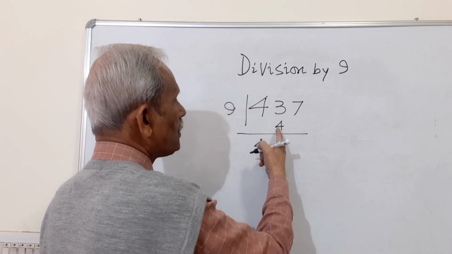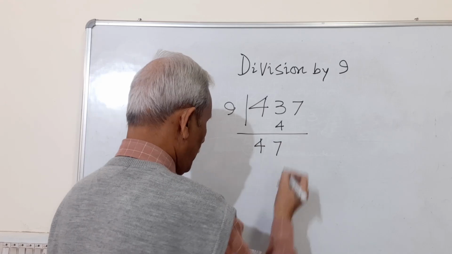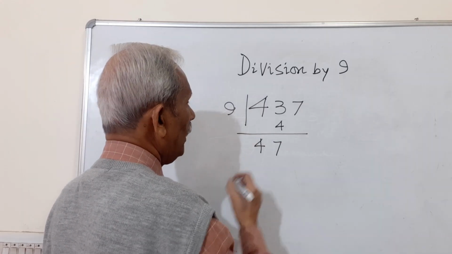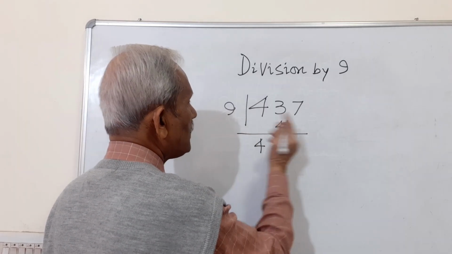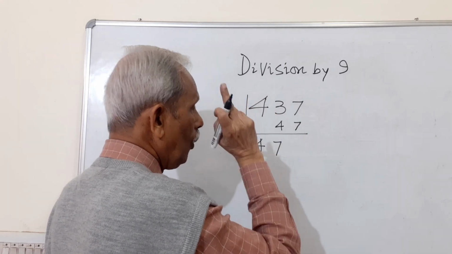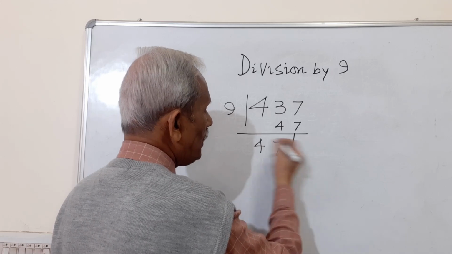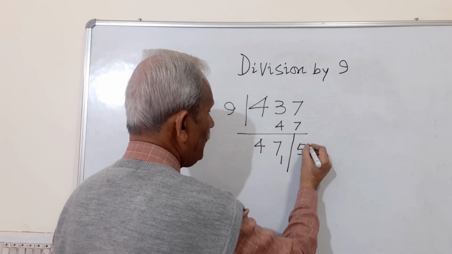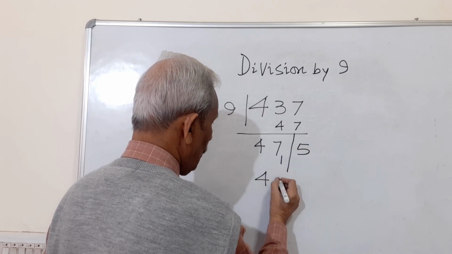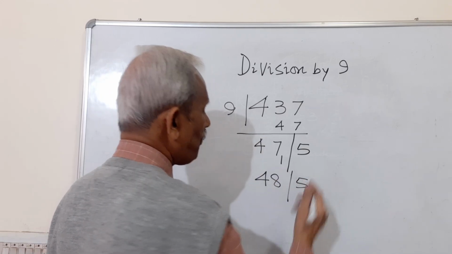Now it becomes 3 plus 4, 7. 9 does not go into it. So we just write here 7. And then this 7 into 1 is 7. I write here 7. 7 plus 7 is 14. 9 goes one time into it. What's remaining? 14 minus 9, 5. Write down 5 here. And so the answer is 48 is the quotient and 5 is the remainder.